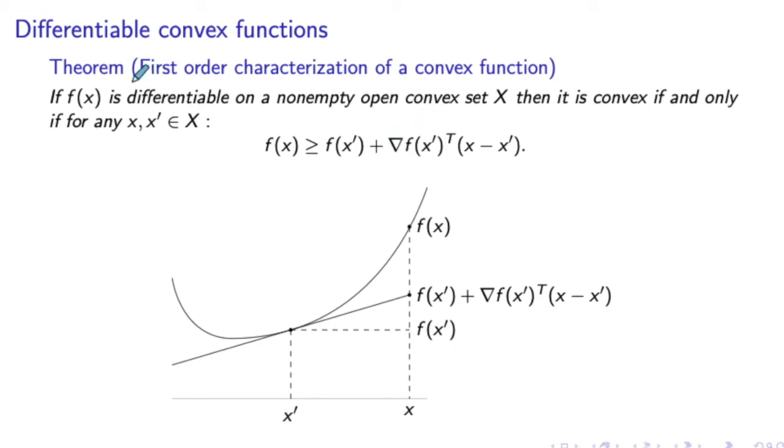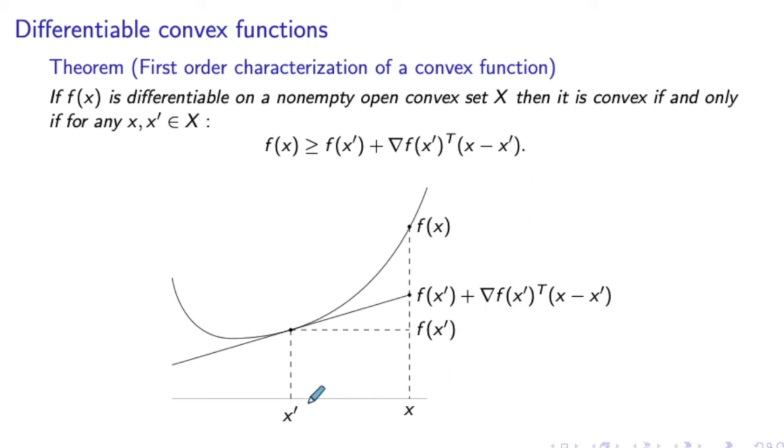And the first order characterization of the differentiable convex function states that if f of x is differentiable on a non-empty open convex set X, then it will be convex if and only if for any pair of feasible points x and x prime we have this inequality satisfied. So we have f of x is greater than or equal to f of x prime plus the gradient of f at x prime transpose times x minus x prime.